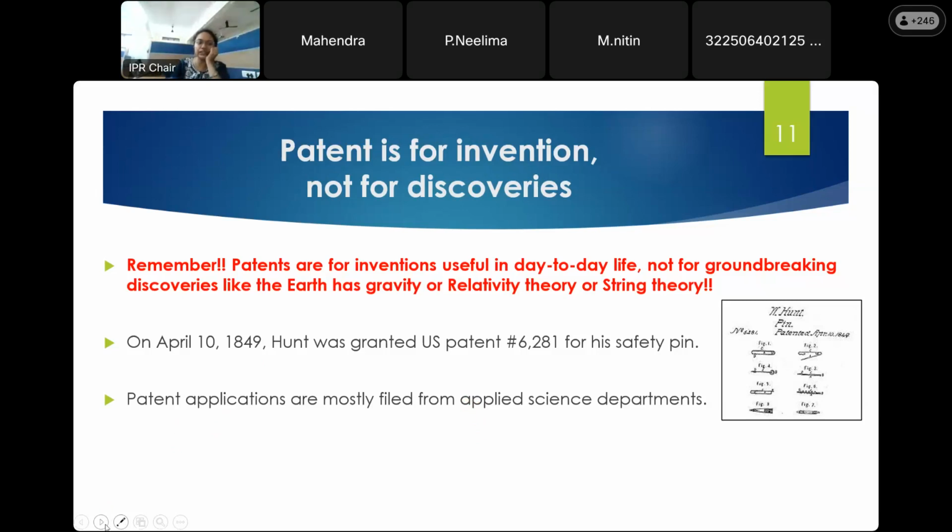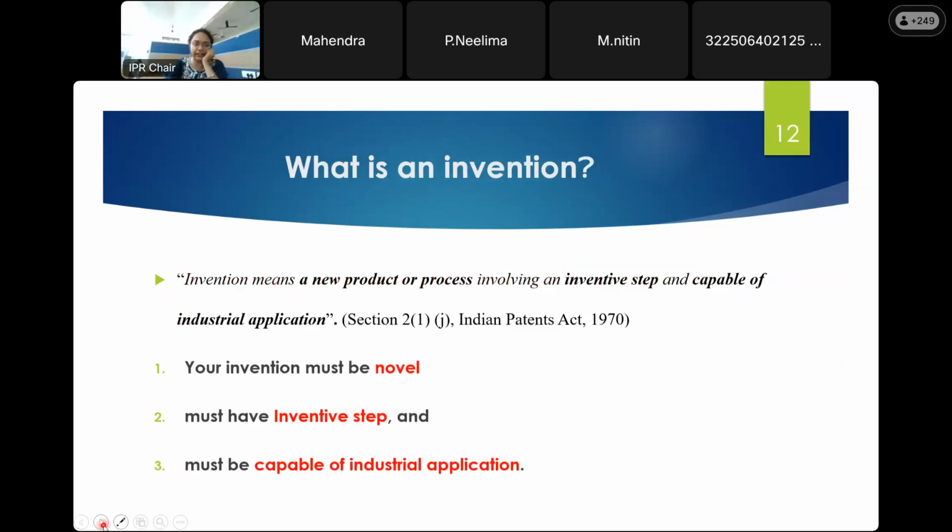So mostly engineering departments or biotech departments, any technology or engineering departments, are more eligible to file patent applications. In general, when pure science is discovering something or finding out some formula for something, those things are not patentable. Those things are used for further research, for the progress of mankind.